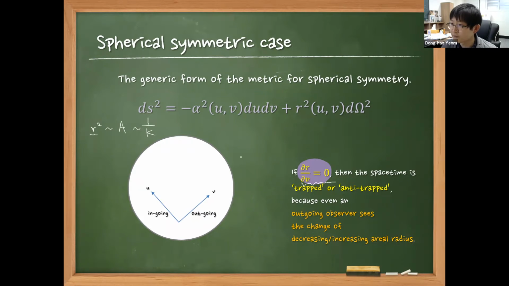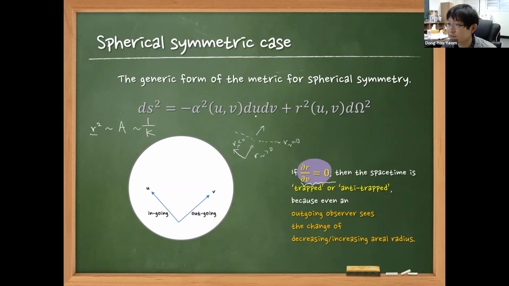Usually in the beginning, R_U is less than 0, and R_V is greater than 0. But at some point, you may meet R_V equals 0. This is the horizon, and if you cross the horizon, then you may feel that you are trapped, and your areal radius decreases whatever the direction, either ingoing or outgoing. For both directions, your areal radius decreases.